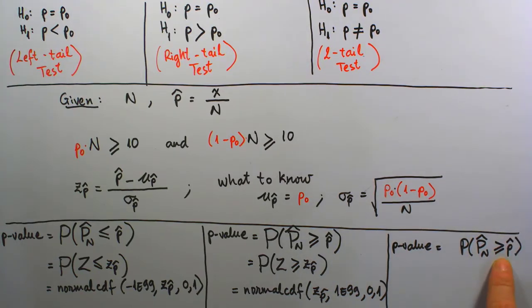Notice how I use the right tail inequality right here and multiply that probability by 2. But we're only doing this if our z-score is a positive z-score.